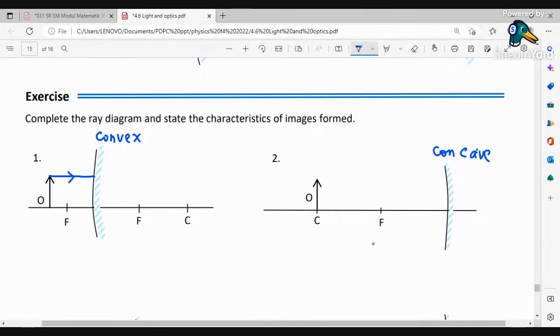What happens? It diverges from F. From F, draw like this, and then draw out. Use a ruler, use a ruler.